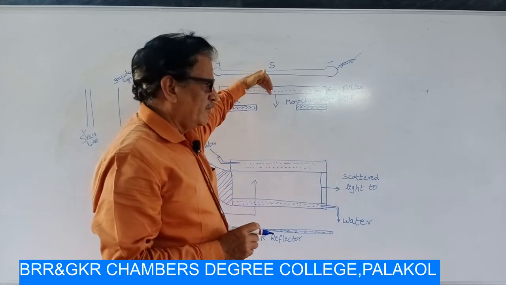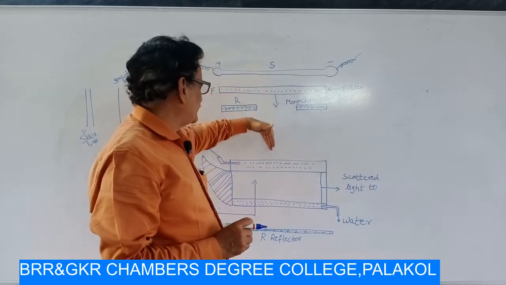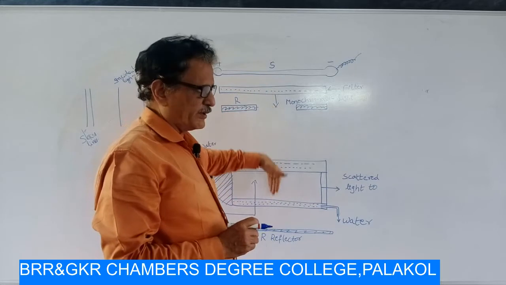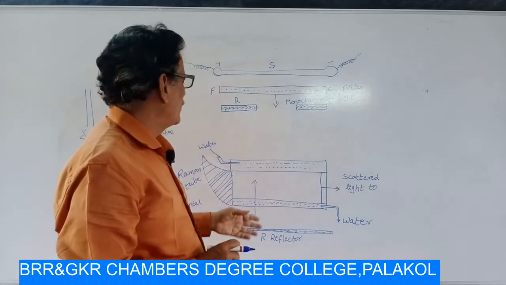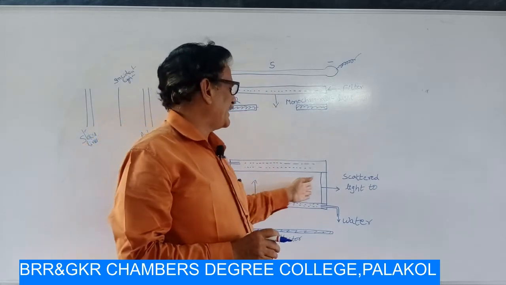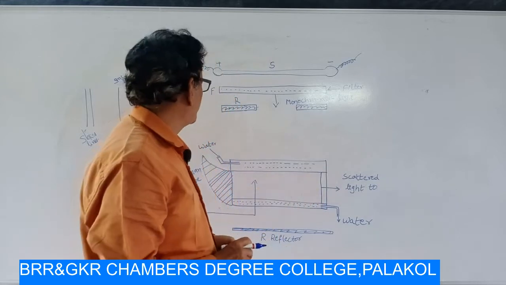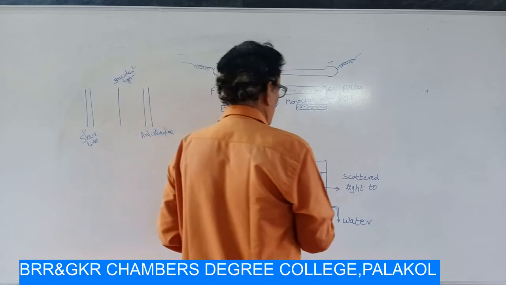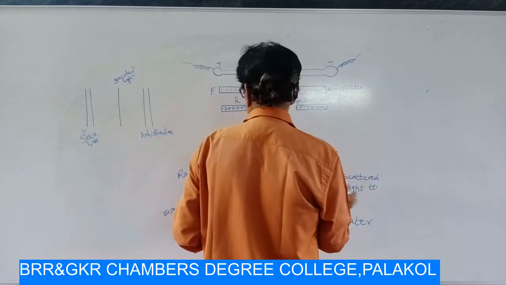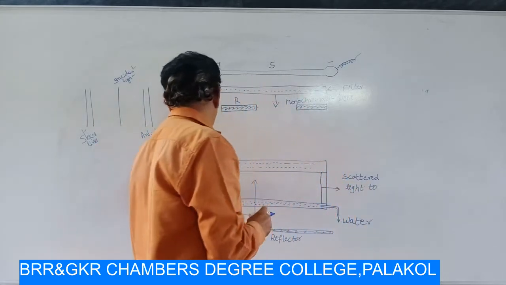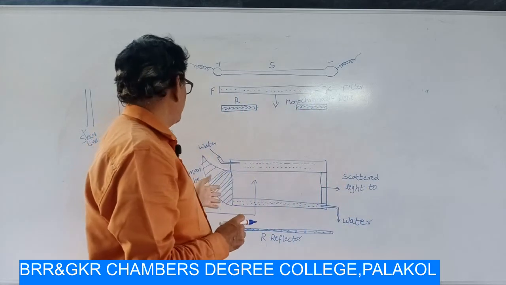When the light is passing through this Raman tube in the normal direction, the scattered light is observed on the left side. The right side part is blackened.